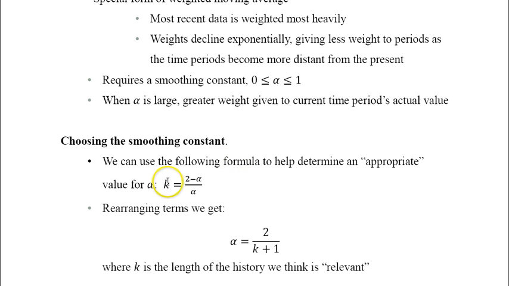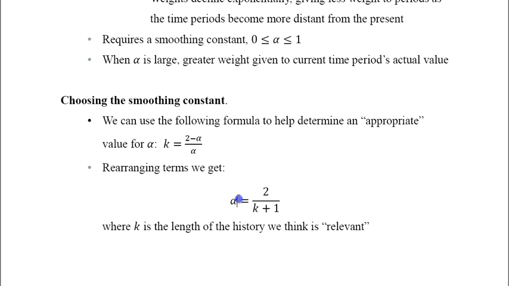Or here is a rule of thumb for alpha. Suppose we think the last 4 periods are the most relevant. Then we call that k, and we write k equals (2 minus alpha) over alpha. If we solve that, alpha would be 2 over (k plus 1).